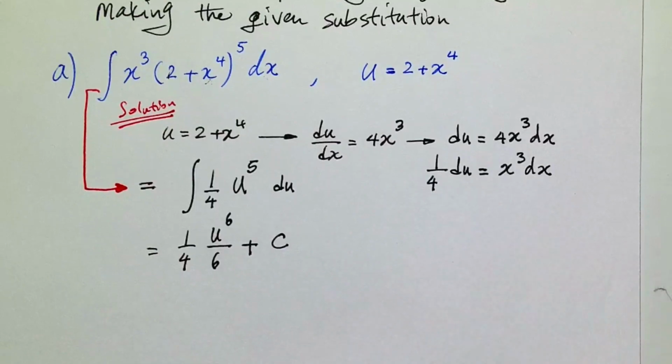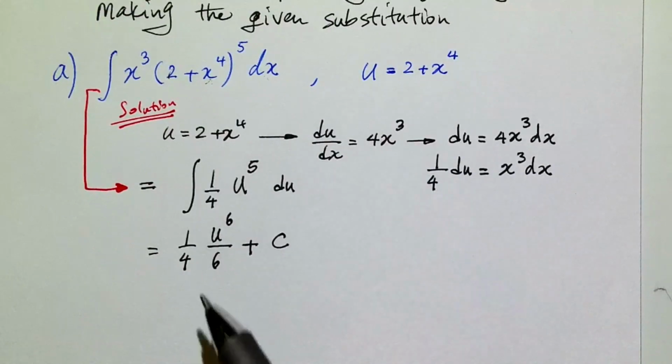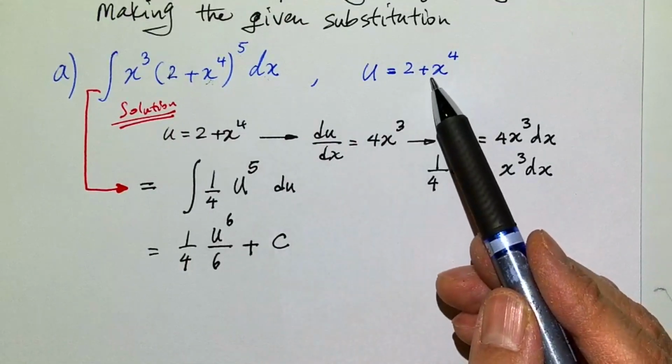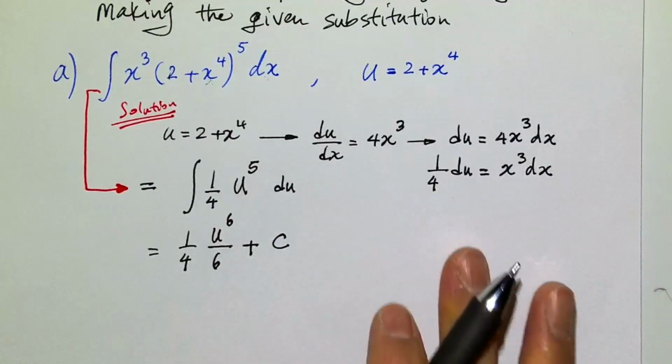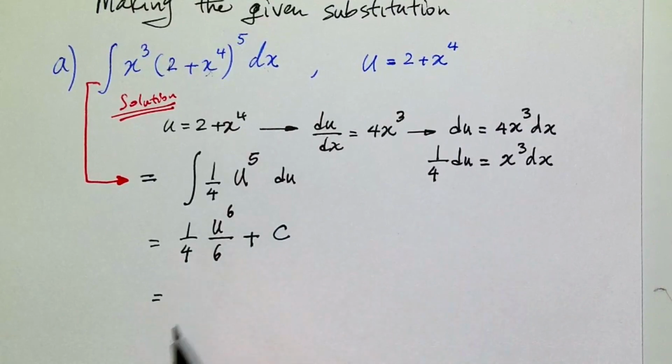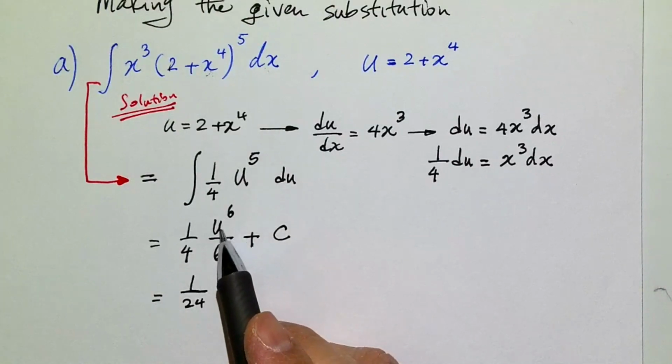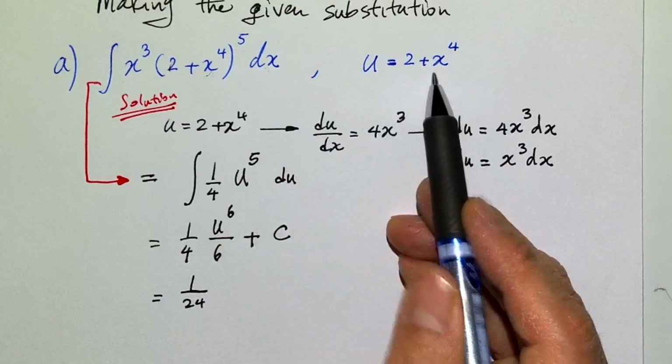Okay, now that we've integrated this, we can replace u with what we had. So basically this would simplify to 1/24, right? 4 times 6, 1/24, times u to the 6th power, u being that piece.